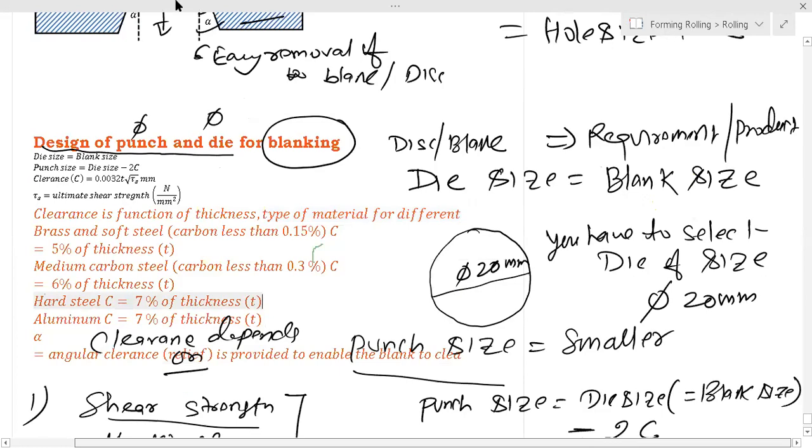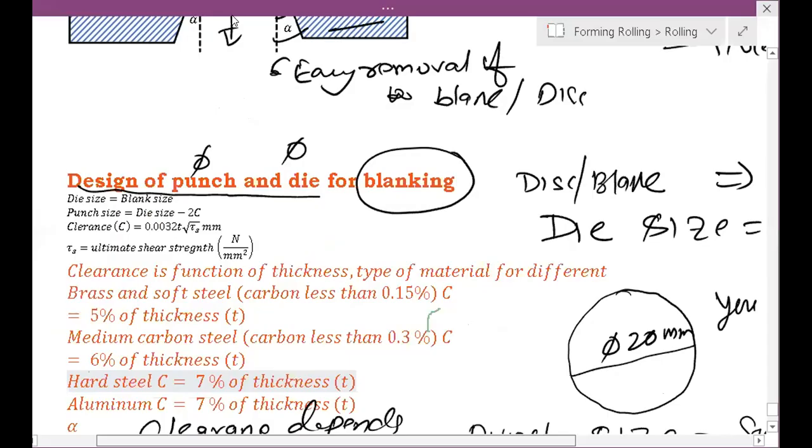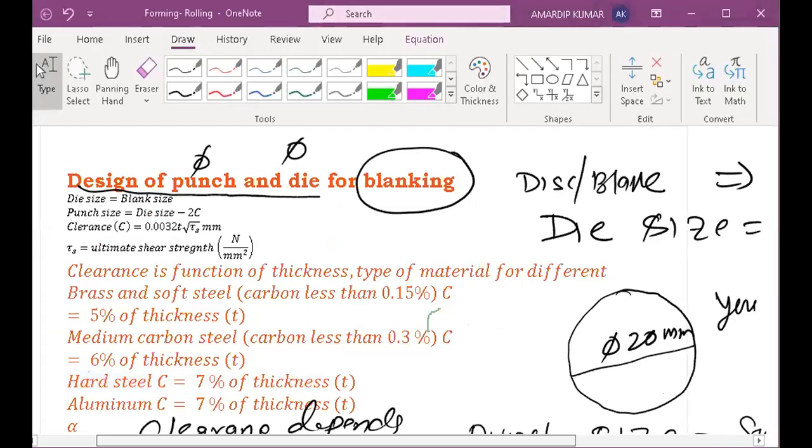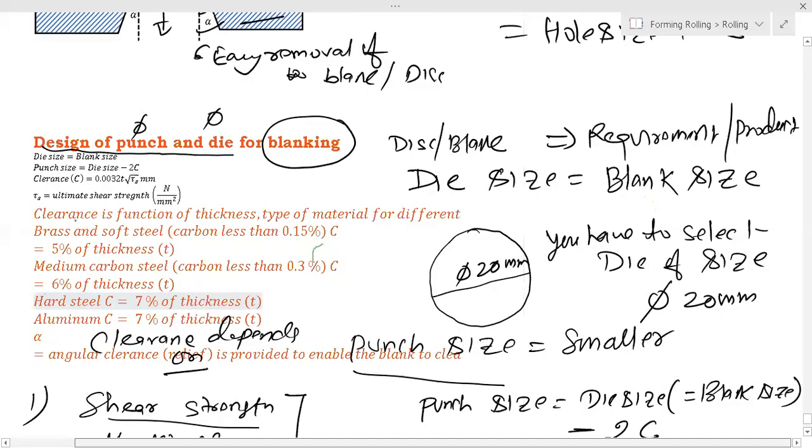So clearance is a function of thickness and type of material, whether it is hard or soft. For brass and soft steel, generally C is 5% of thickness.